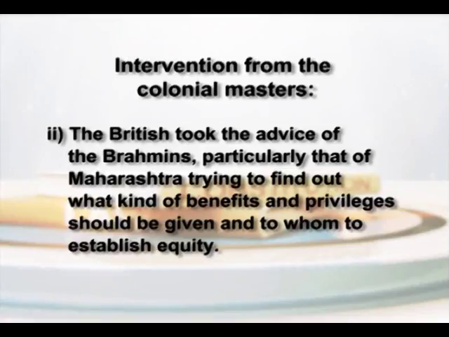So the second kind of intervention that the Britishers took created on the one hand a very powerful Brahmin lobby and on the other hand a kind of anti-Brahmin movement, particularly in Maharashtra and in South India.